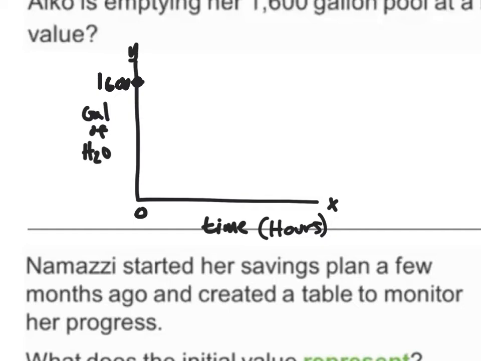I'm just drawing the graph to have you see how I'm thinking about this and how you could also think about this. You do not have to think about it this way if you don't want to. You could think about it another way. What would happen is that the amount would drop over time, okay?